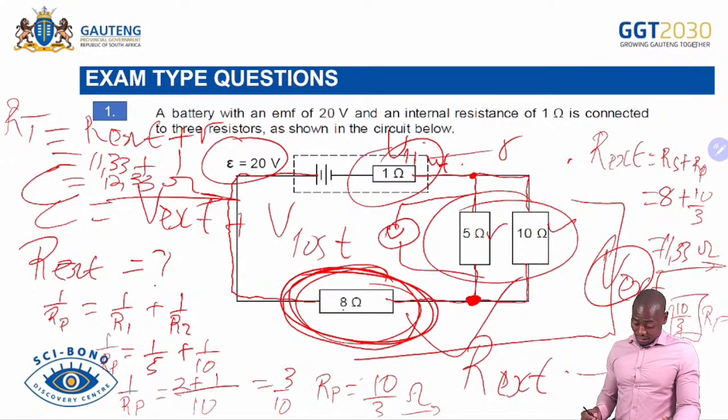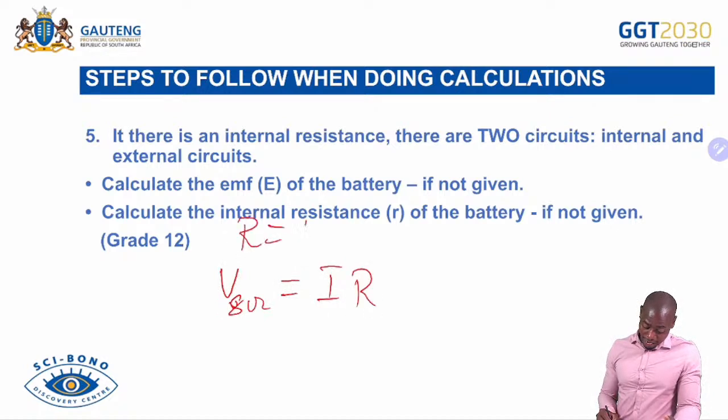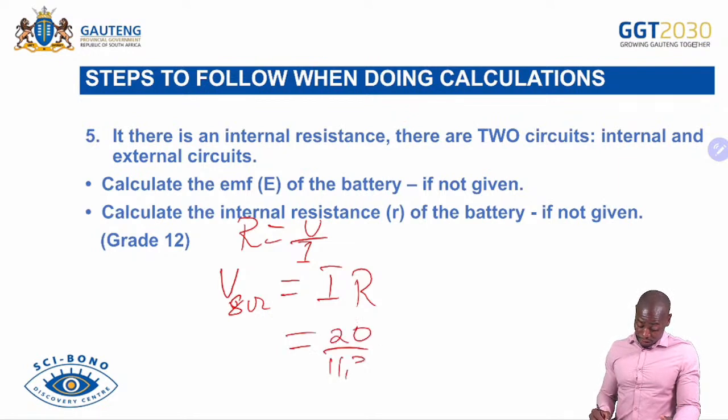How are you going to do that? Potential difference across the 8 ohm resistor. It should be from R equals V over I. So your potential difference across the 8 ohm resistor, the total current, you got 20 over 11.33.